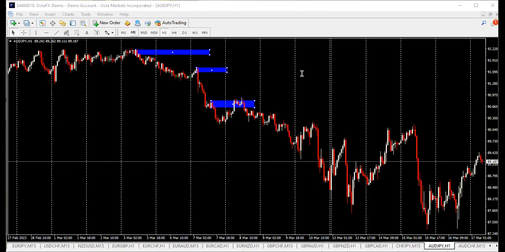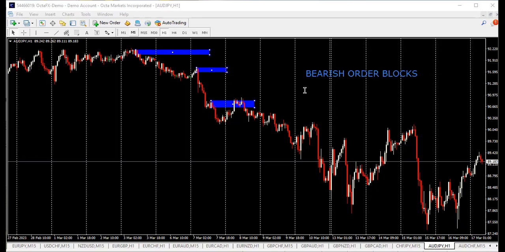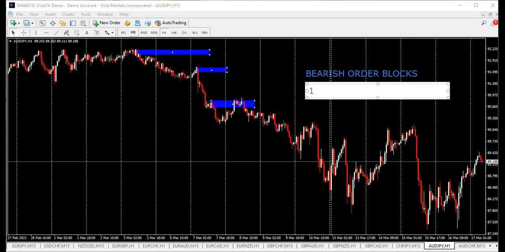Number one, for a bearish order block, what you're looking for is the last bullish candle before the push down.